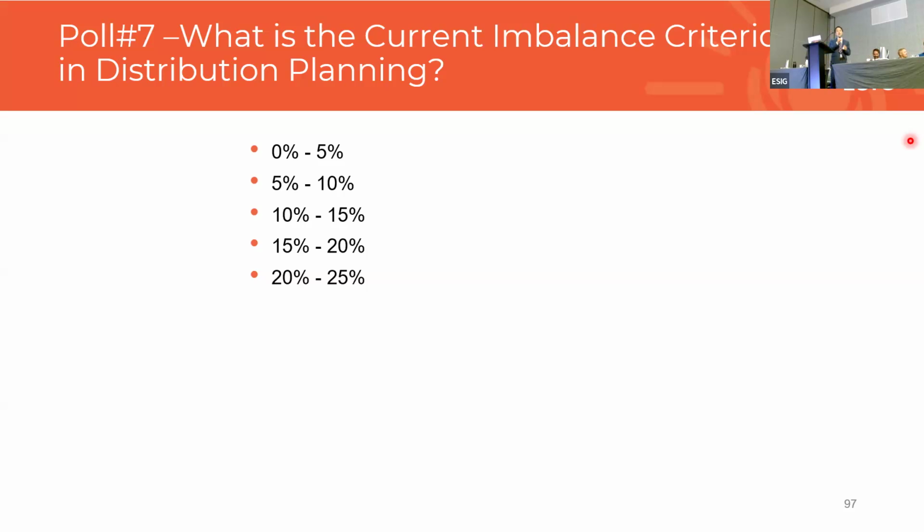All right. So I know that different utilities currently have different criteria here. I think as the gentleman pointed out, 10 to 15% is pretty typical. But 15% is a little concerning to me, because in distribution systems, one phase is way higher than the other phase by 15%.